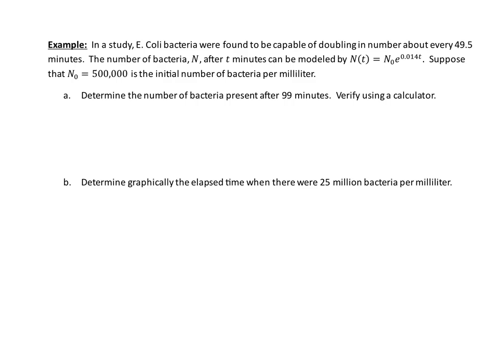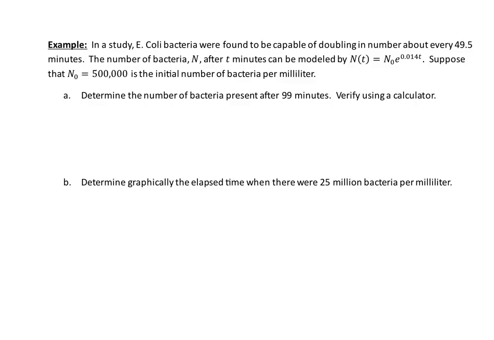So for this, we want to suppose that N sub 0 is 500,000. This is the initial number of bacteria per milliliter. We're going to compute how many bacteria are present after 99 minutes.